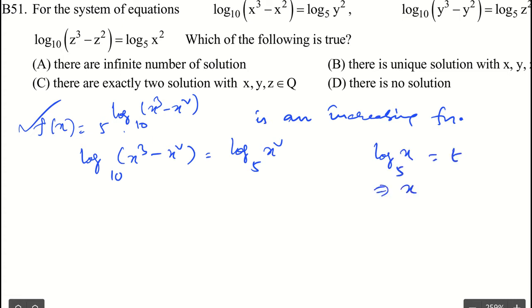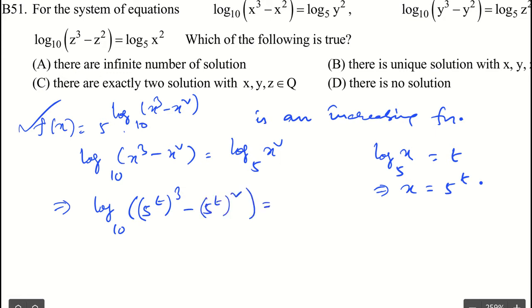That means I'll get x is equal to 5 power t. That is what I'm going to substitute here. So I can write it as log of, in the place of x cube, 5 power t whole cube minus x square, 5 power t whole square, is equal to 2 log x to the base 5, which is nothing but t.